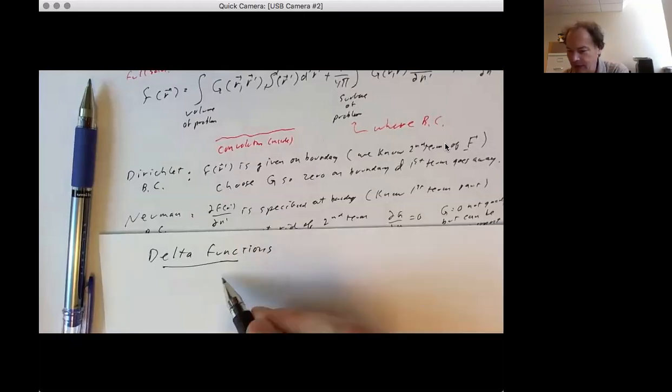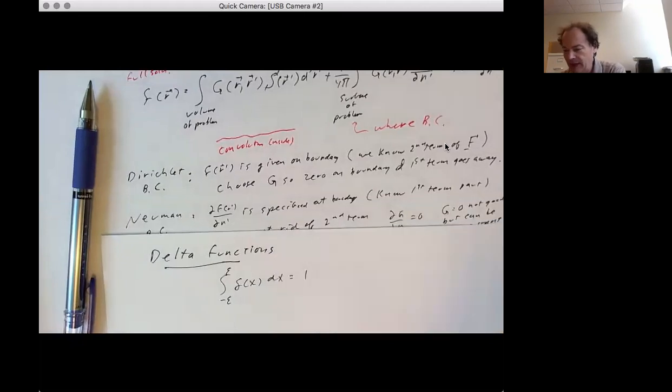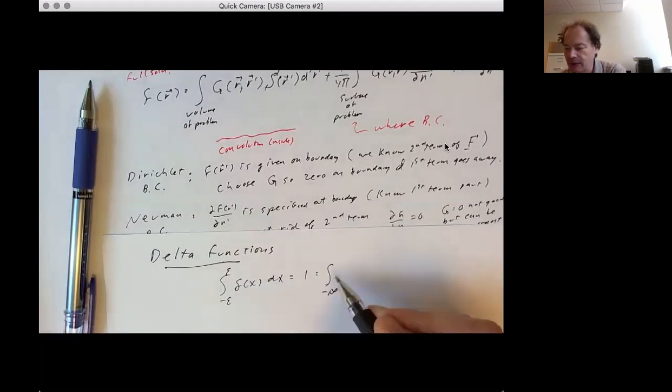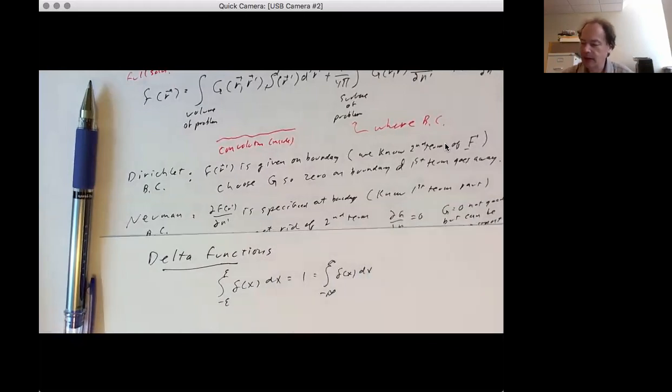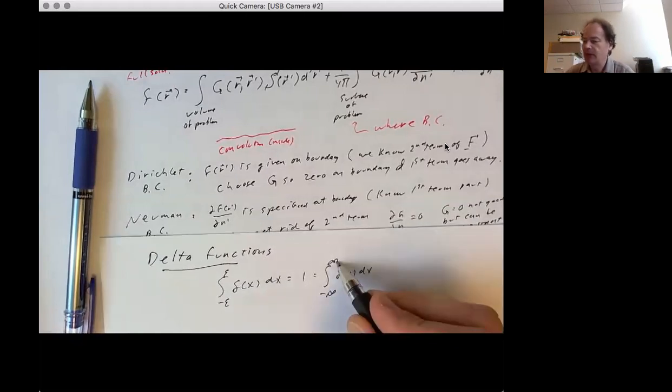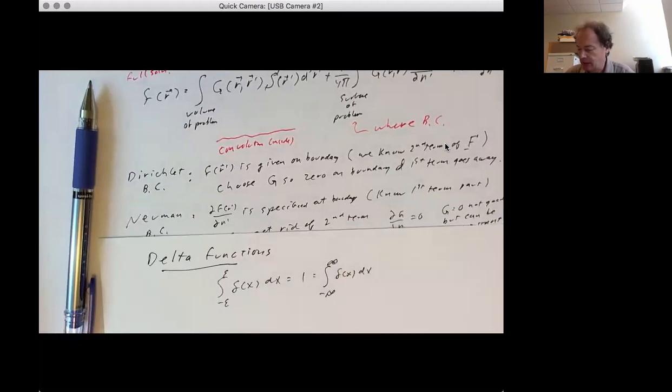But if we integrate from minus epsilon to epsilon of delta of x dx, we get 1. And so it's very narrow. If you integrate from minus infinity to infinity, delta of x, it's also equal to 1. So it's 0 pretty much everywhere. Take epsilon as small as you want.